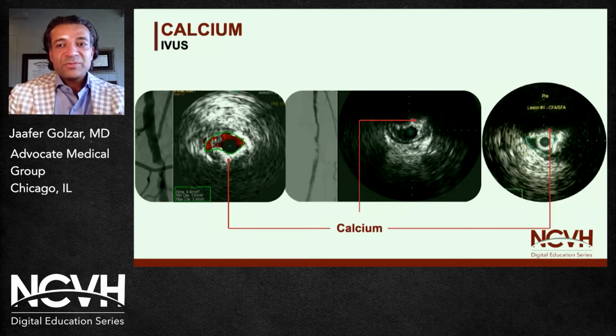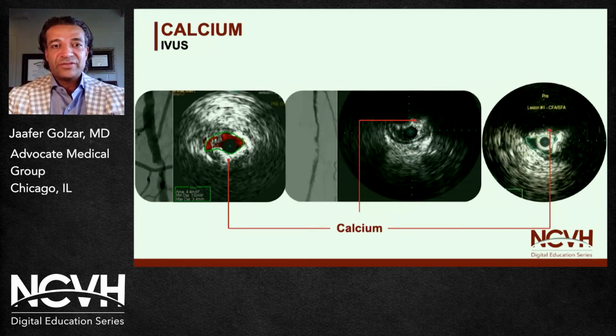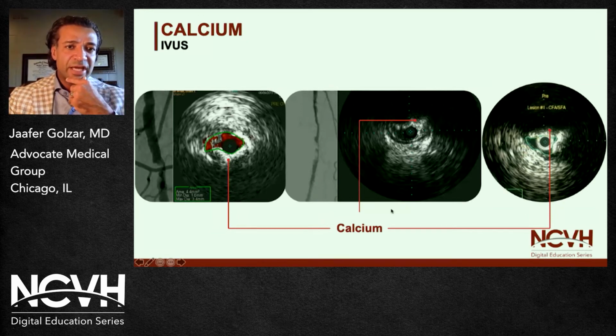So this is calcium, as I mentioned before, one of the Achilles heels of what we do in the cath lab, both diagnostic and therapeutic, in terms of endovascular. This is really what calcium would look like under intravascular ultrasound: a bright white hyperechoic structure, and you'll have a shadowing artifact behind that, as you can see, and this is correlating to the angiography on the left.